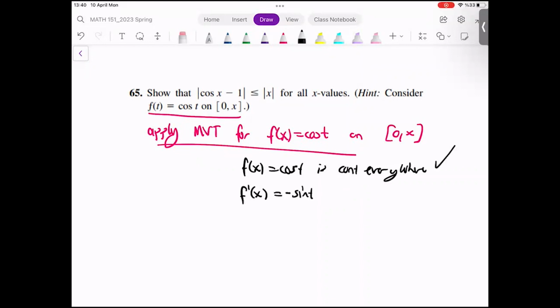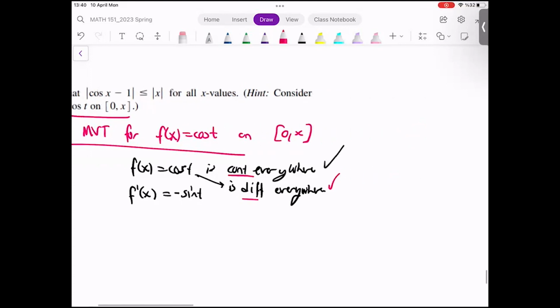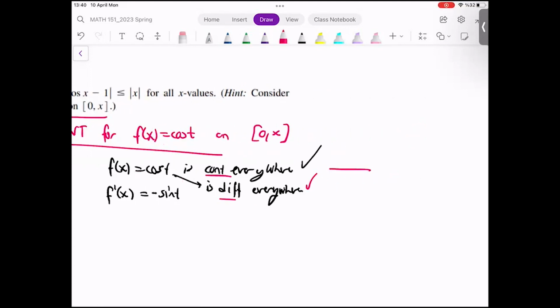What is the first derivative of it? Minus sine t. You see, we can take its derivative. So this function is also differentiable everywhere. Okay, continuity is checked. Differentiability is checked, which means that we can apply the mean value theorem on this interval.